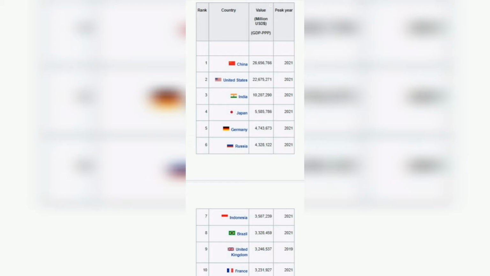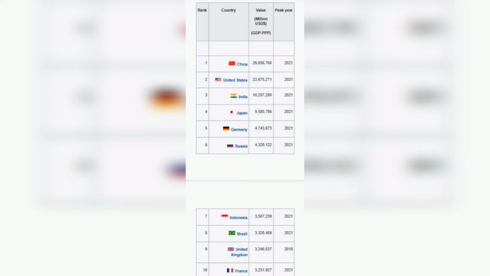When we saw nominal GDP, then United States was on the top, but considering PPP GDP, China is the world's biggest economy by 26.6 trillion US dollars, and United States is on the second number by 22.6 trillion dollars.